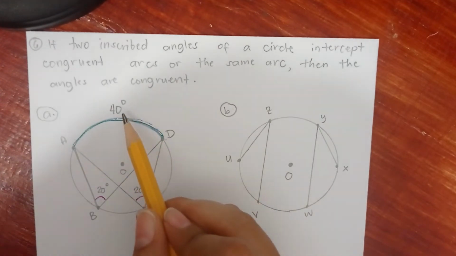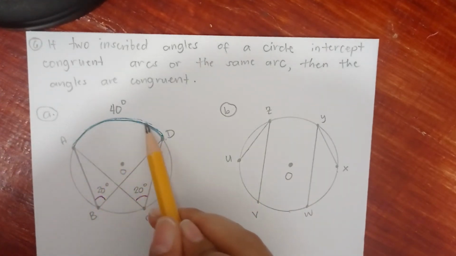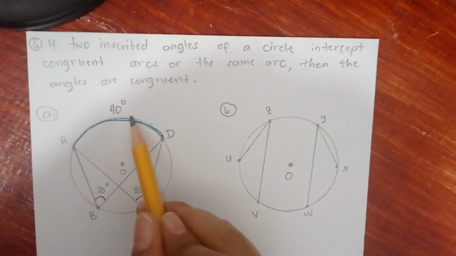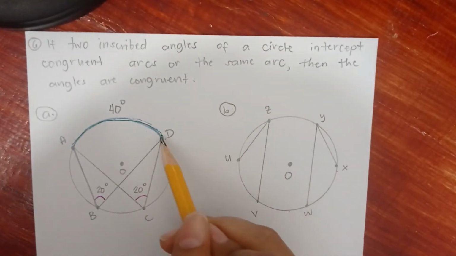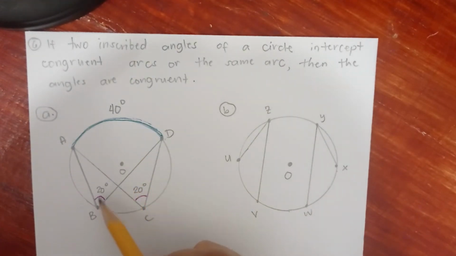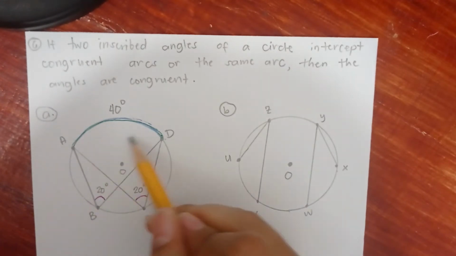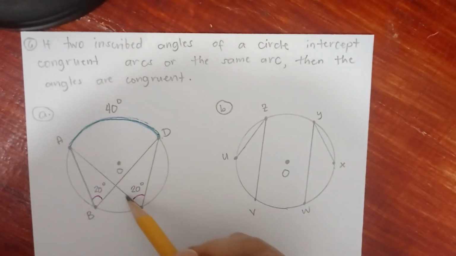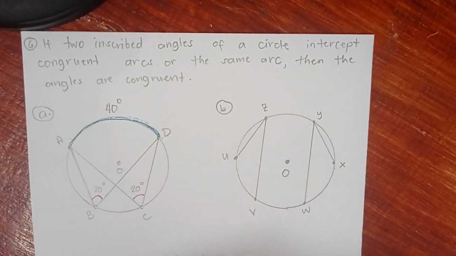For example, arc AD is 40 degrees. Makikita mo na ang inscribed angle niya ay dalawa, ito at ito. Therefore, same measurement lang sila. Basta tatandaan nyo class, pag pareho yung intercepted arc nila, therefore, magkapareho din yung measurement ng angles mo.